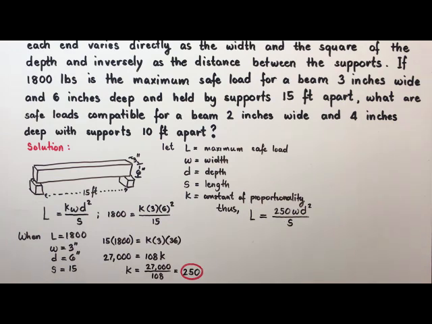So the maximum and all the loads that are lower than that, so I will have this inequality. So L is less than or equal to this value. In other words, the loads that are compatible with this new beam can be represented by this. It can be equal or less than, because if the load is less, then it is still okay with that beam. So you see that this is a problem modeled by a rational inequality.